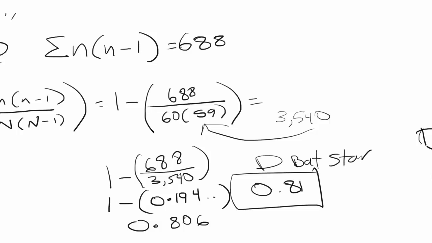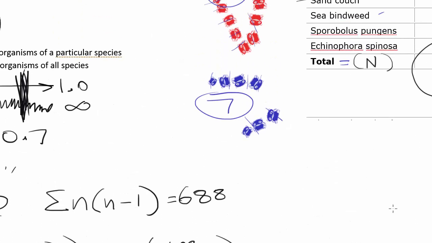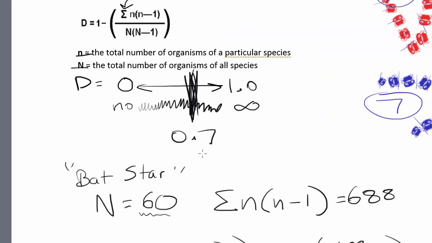So if we go back up to our original chart, you can see if I did my math right here, 0.8, is that more or less than the diversity of the sea holly example?